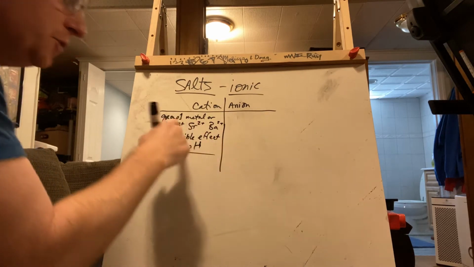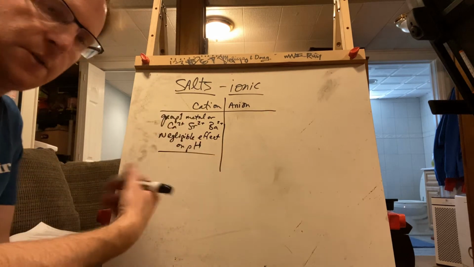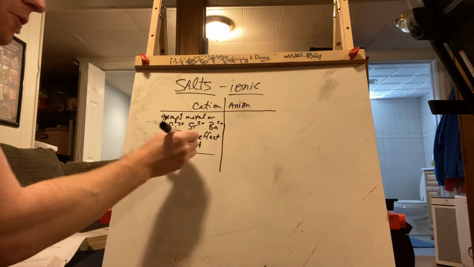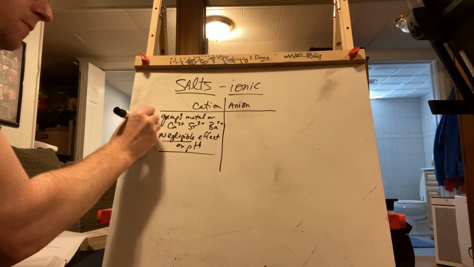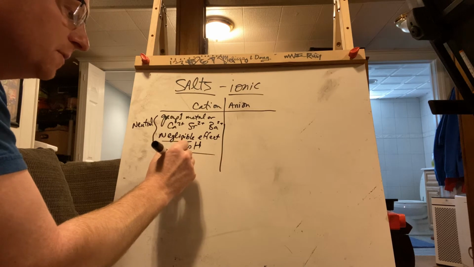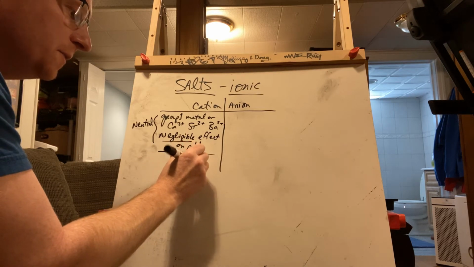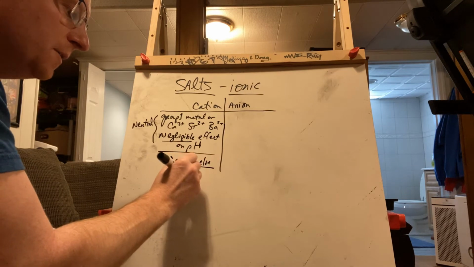So anything that shows up on this side that's a group 1 metal or those 3 things, it's going to be neutral. So like these would contribute to a neutral salt. Anything else, and this is going to sound kind of weird, anything else is going to be acidic.